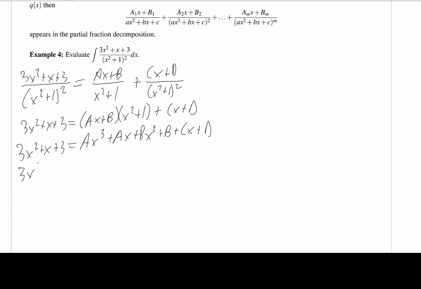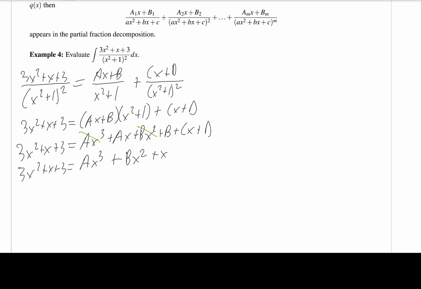Now we'll group on the right hand side. And so that gives me ax cubed. That's the only thing with an x cubed. Let me mark that off. Now I look at my x squareds. There's just one with x squared, so there's bx squared. Now I look for my x's. Well, there's an ax and a cx.